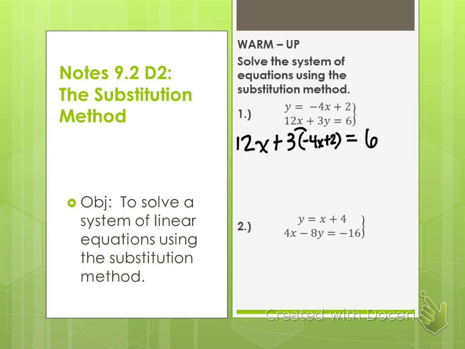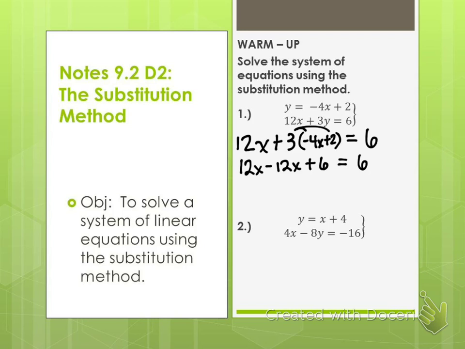Good. We have to distribute that 3 into the parentheses. So we have 12x. 3 times negative 4 is negative 12x. And then 3 times 2 is a positive 6.